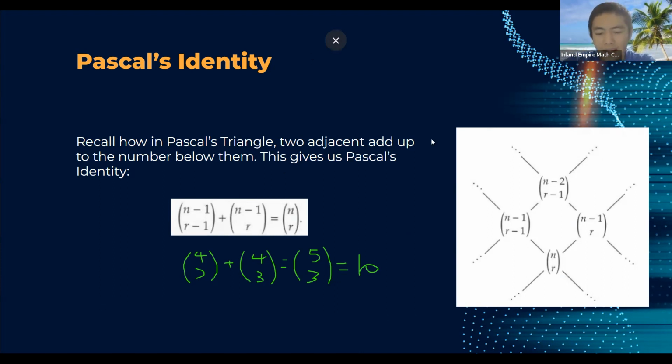Guys, if you have a classroom of 4 people and you want to choose 3 volunteers, how many ways can you do that? Well, it would be 4, right, guys? Let's think about it like this.